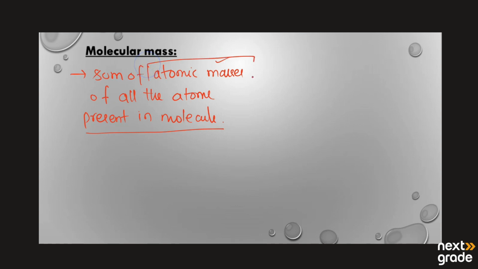Here you must know what is meant by the term atomic mass. Basically, atomic mass is the total number of protons plus the total number of neutrons in the nucleus of an atom.